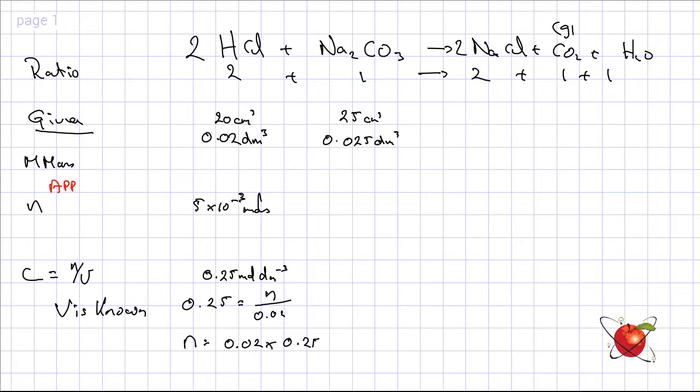Now, once we've got moles, we apply the ratio at this point. We need 2 as to 1, so that's going to be 2.5 times 10 to the minus 3 moles, because we need them to react in a 2 to 1 ratio: 2 parts of HCl to 1 part of sodium carbonate.